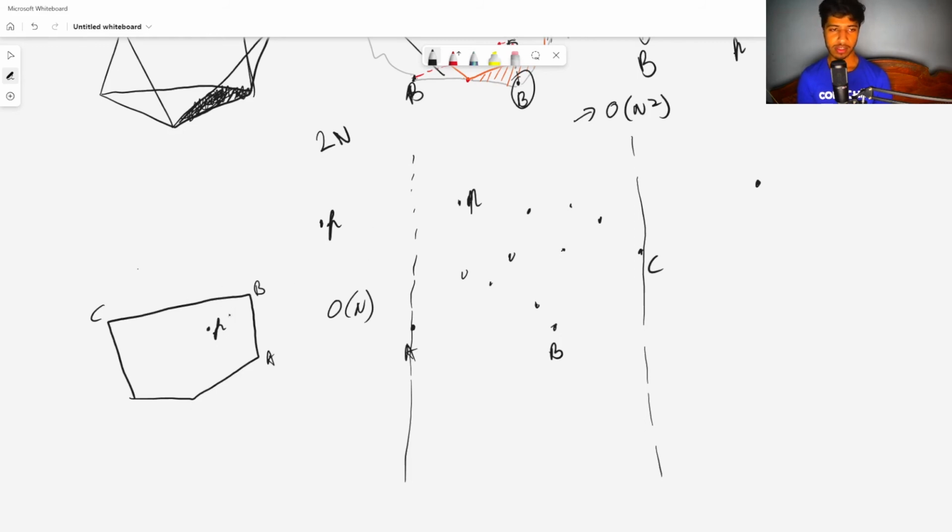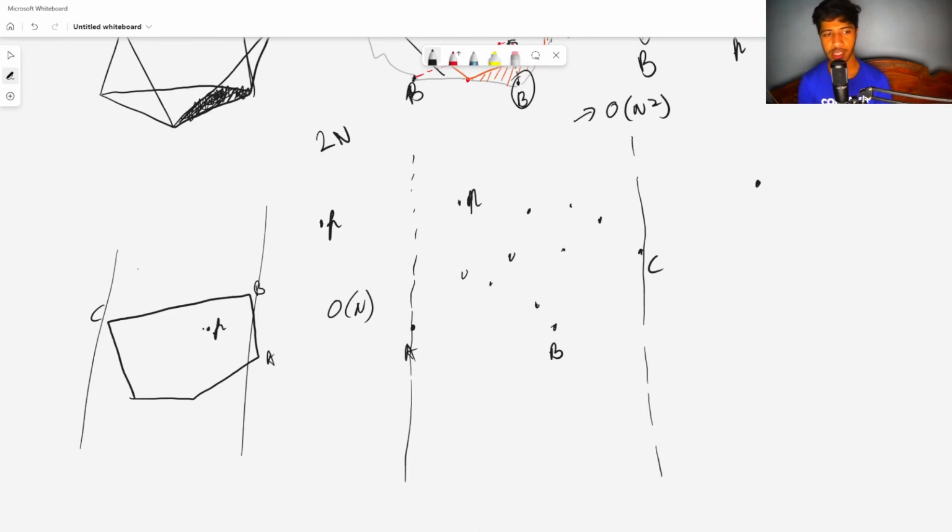You are not considering every P and B pair that is possible. It's kind of difficult to give the intuition about this right now, but this is how you solve this problem. So you only consider the P's that lie in this range.